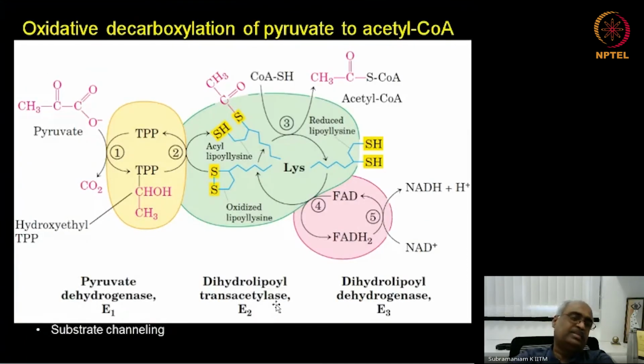Okay, so this is the reaction itself. It looks complicated, but it is exceptionally simple if you look through it step by step. This is something we are already familiar with.